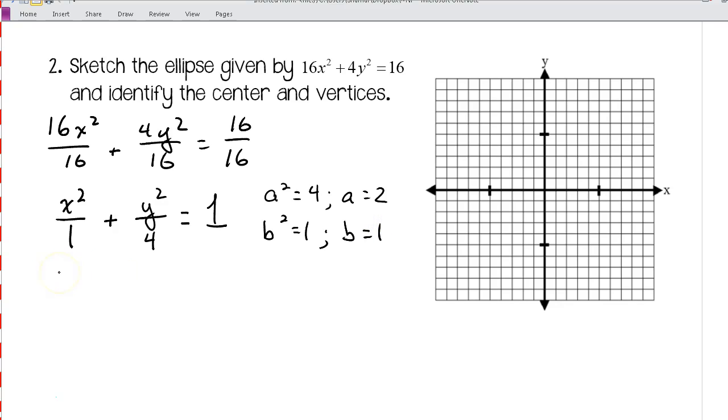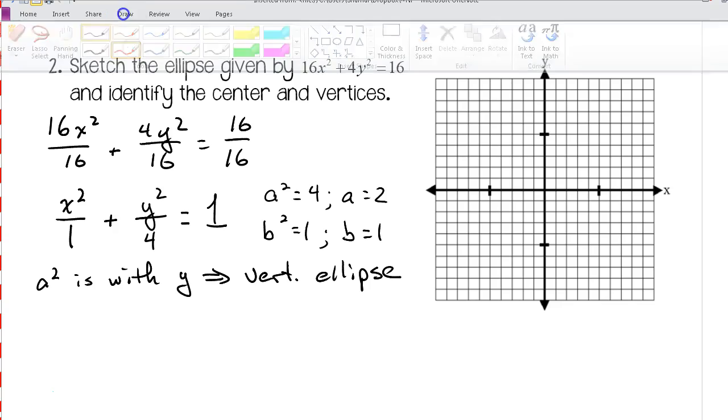And since the a squared is with y, this tells us that we're going to have a vertical ellipse. Okay, so again, h and k are 0. We could rewrite these as x minus 0 squared and y minus 0 squared, but we don't really have to.